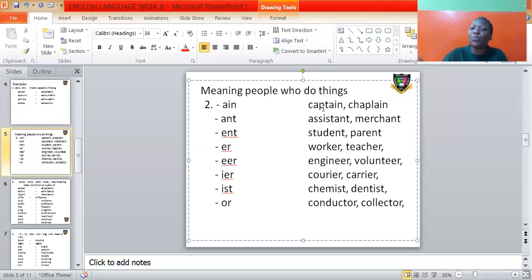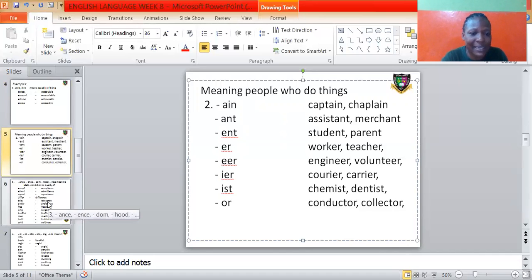Teach, by the time you put ER, it becomes a person, teacher. You have engineer, engine, that's automobile. By the time you put ER, it becomes a person doing that thing. So we have engineer, volunteer, courier, carrier, chemist, dentist, conductor, collector.